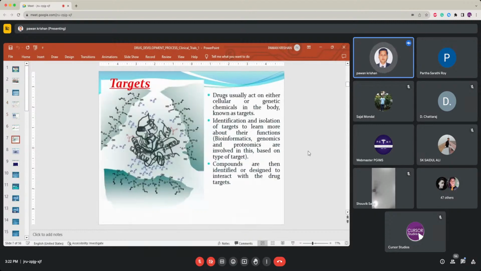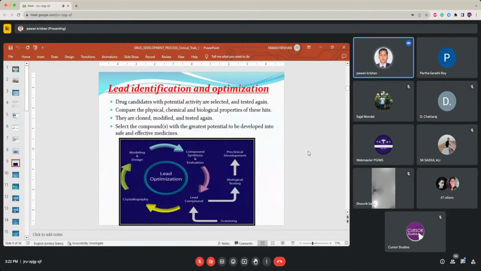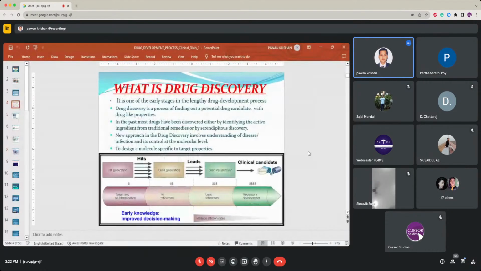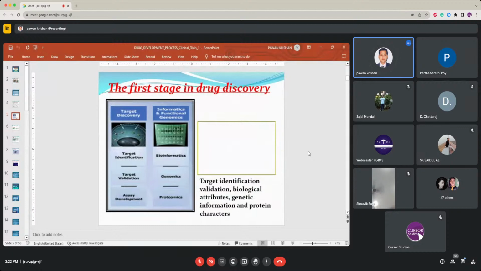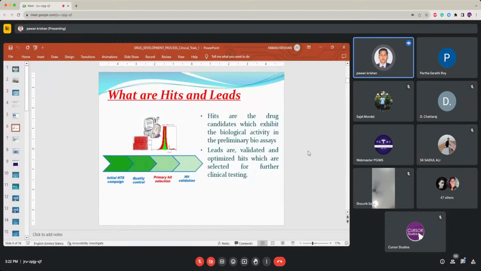So when we talk of molecules, once the target is identified and the molecules are synthesized, once the structure of a new compound is designed and synthesized, it is not one or two compounds, it is thousands of compounds which are designed and synthesized.